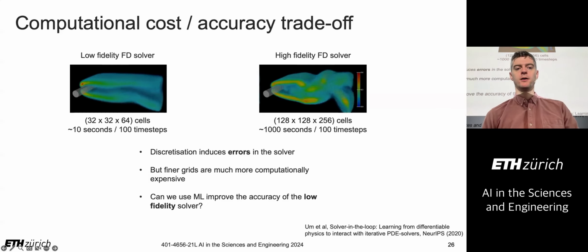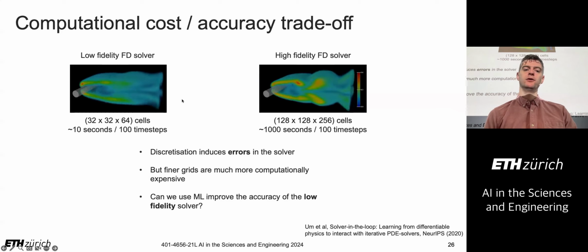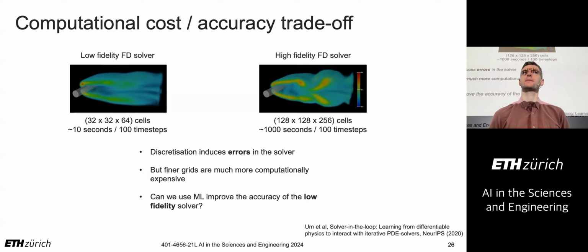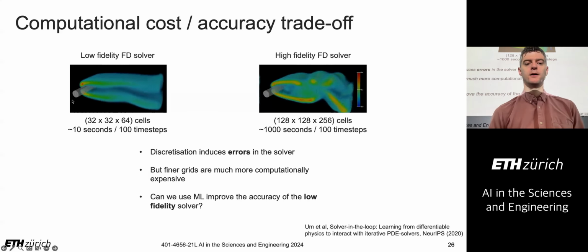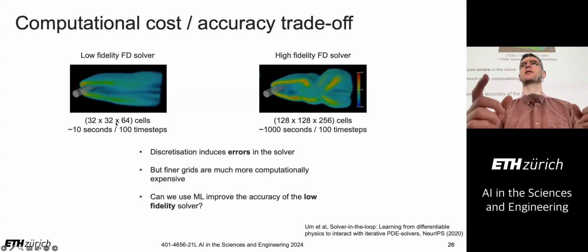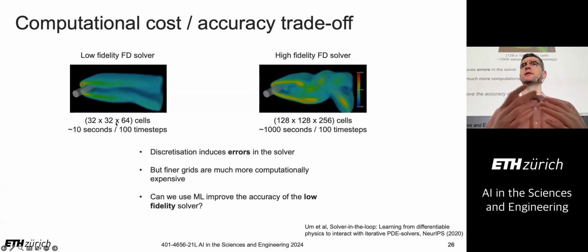But a big limitation of these numerical methods in general, not just for the Navier-Stokes equations, is that the fidelity, or the quality of the simulation, really strongly depends on the discretization that you used. What I mean is the fidelity of the simulation, or how accurate it is, really depends on the number of discrete points we use in our mesh when we're solving these equations.